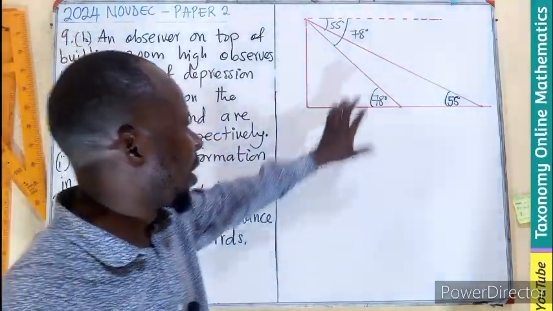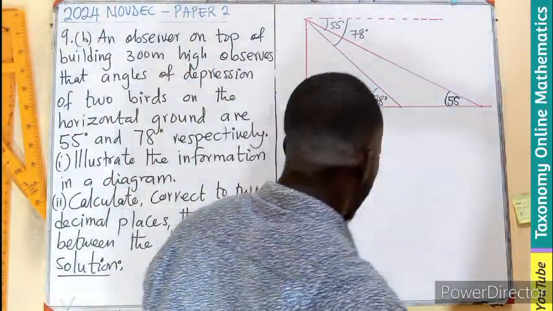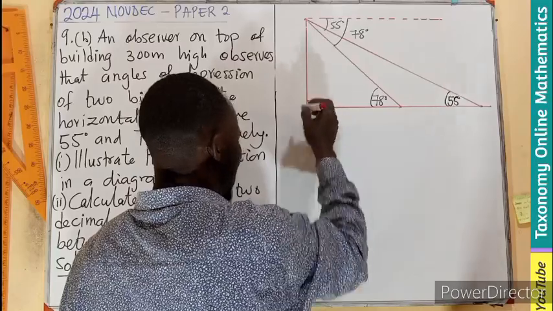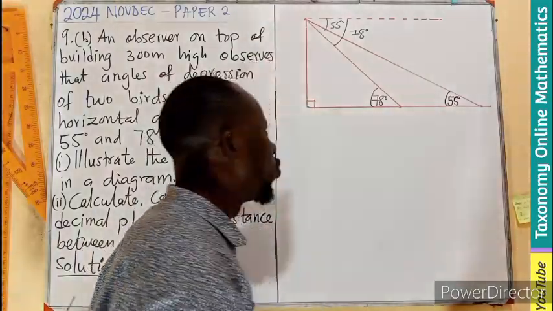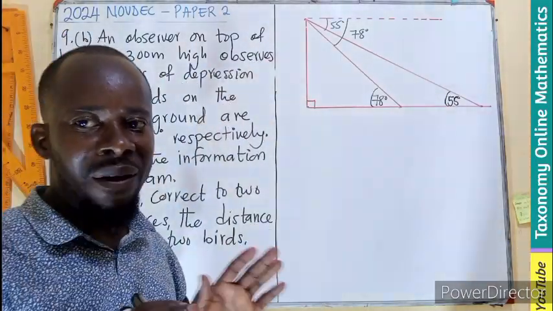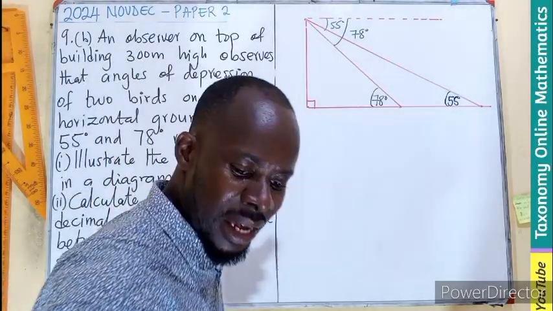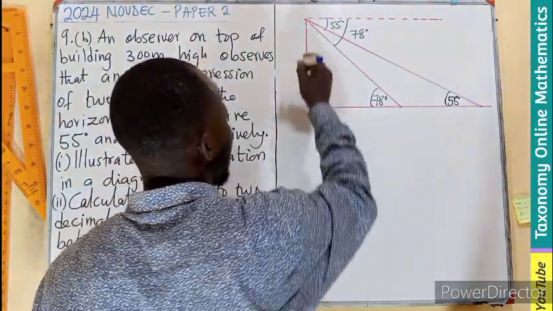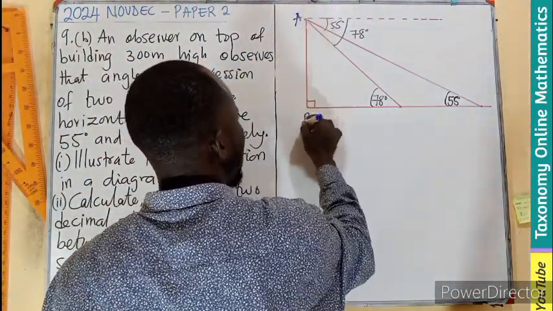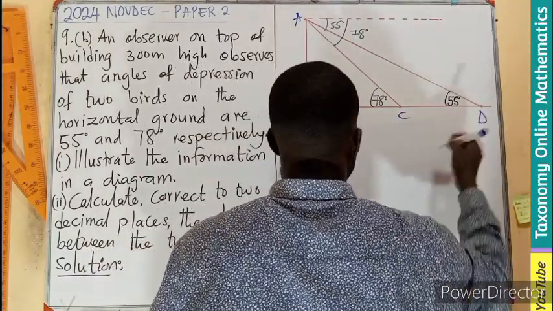Since this line here is perpendicular, we are forming two separate right angle triangles. So let's say I've labeled this one A, B, C, D.